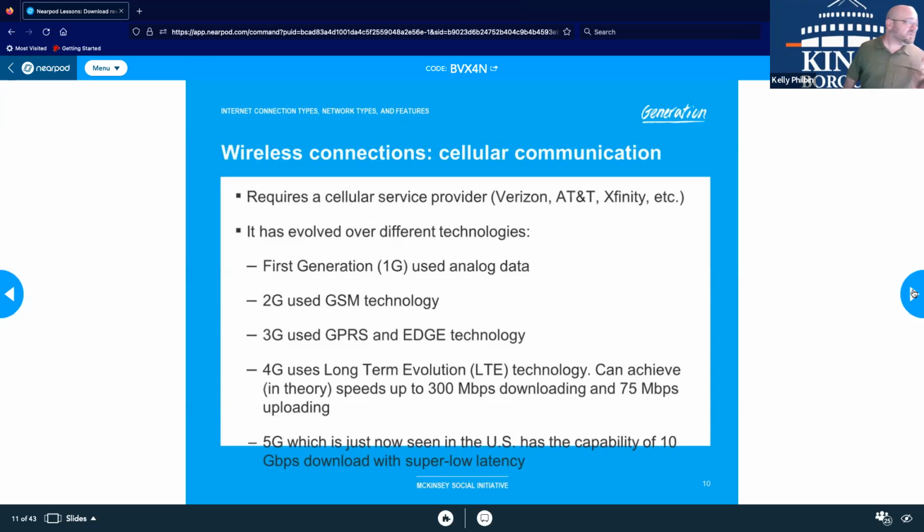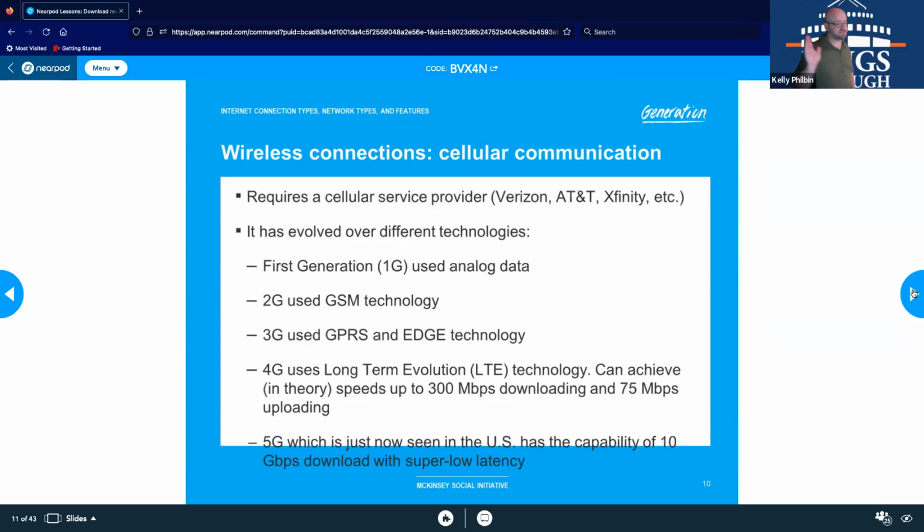All right. So over time, cellular has evolved. Early on, the US bet on analog while the rest of the world went digital, which put us several years behind. We're just now getting into payment stuff on our phones. Europe and Asia and a lot of other countries were doing that back in the early 2000s.